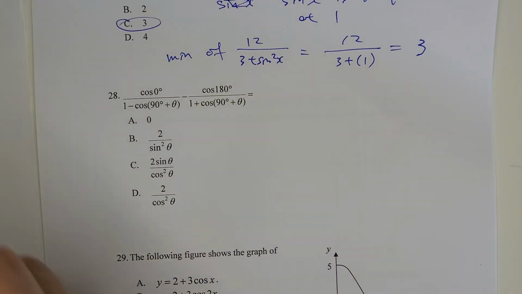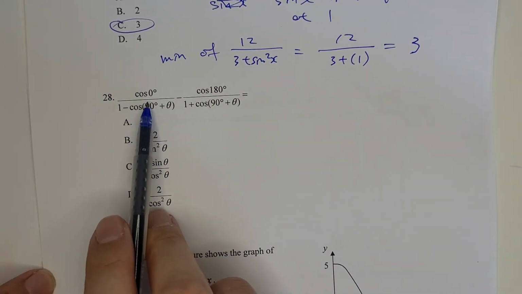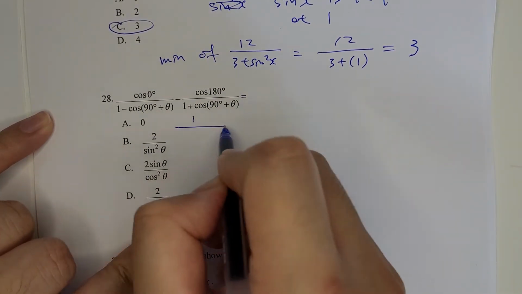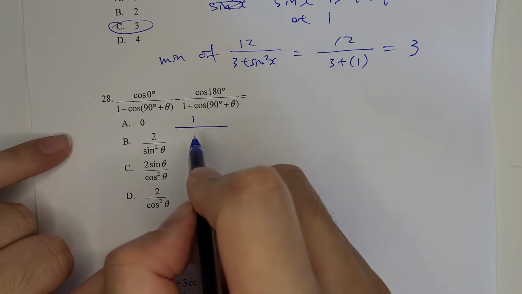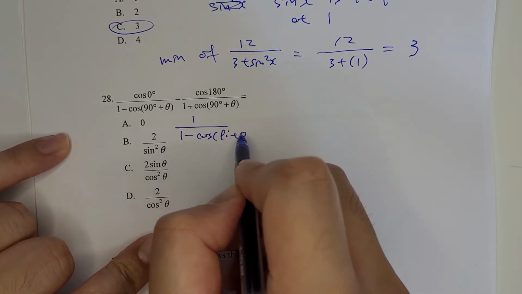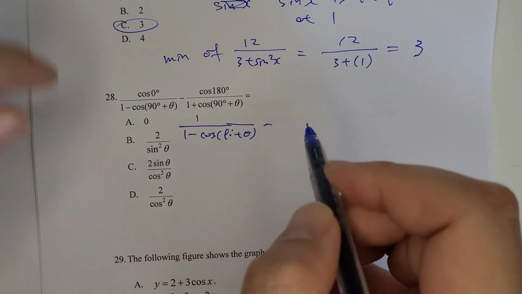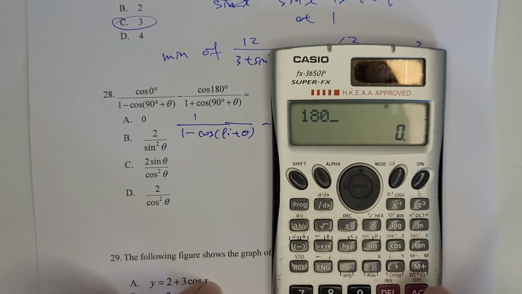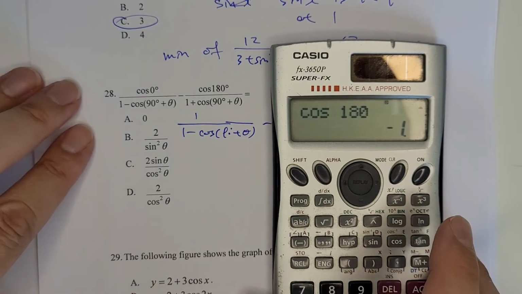So what can we do? Cosine 0 degree 1, actually 1 plus cosine, 1 minus cosine 90 degree plus theta. Okay, we don't know yet. And cosine 180 degree, use the calculator, -1.